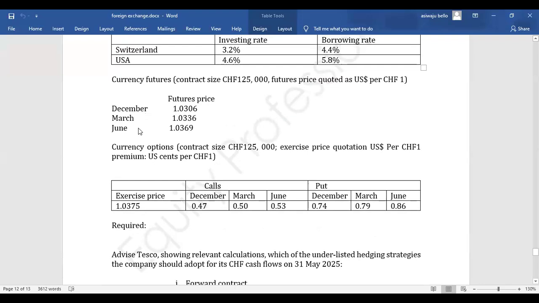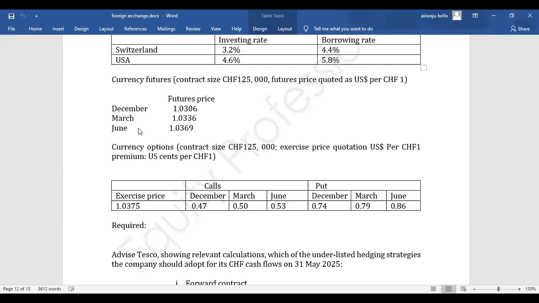Now, to determine the appropriate expiring date contract to use, the appropriate contract is the one that will mature immediately after the transaction date.